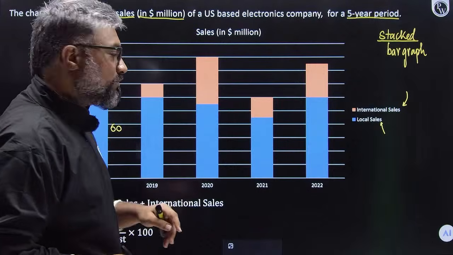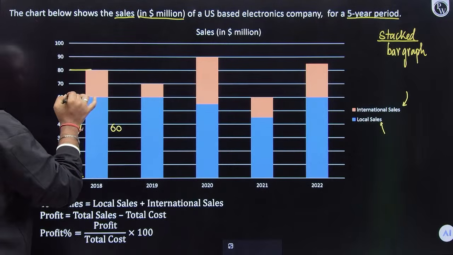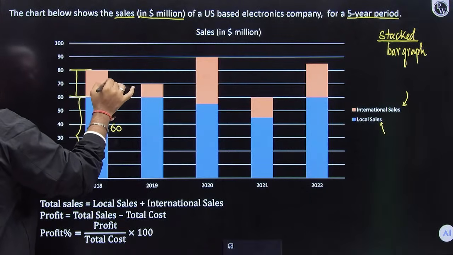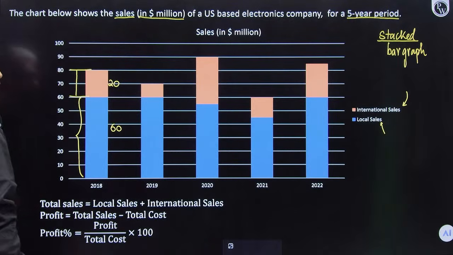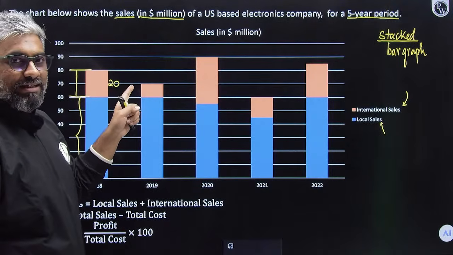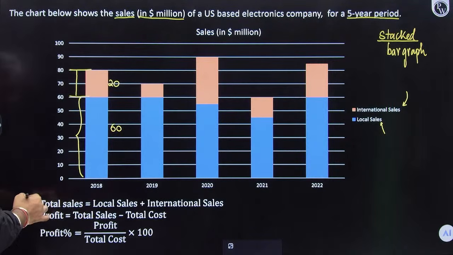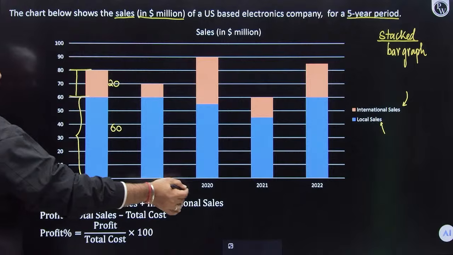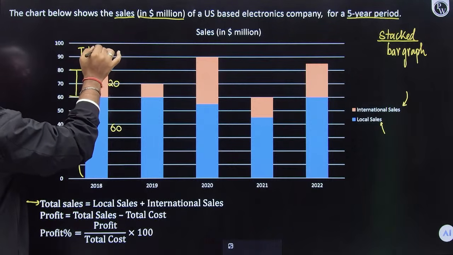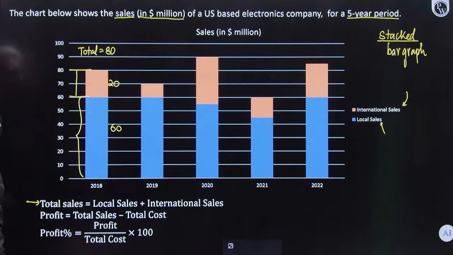The bar is not starting from 0. The orange bar is starting from here, from 60. So 60 to 80 is how much? Just 20. Got it? So 60 is local sales, 20 is international sales, and according to this, total sales is nothing but local sales plus international sales. So here total is going to be 80. I hope this is clear.